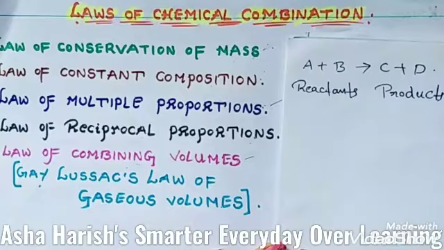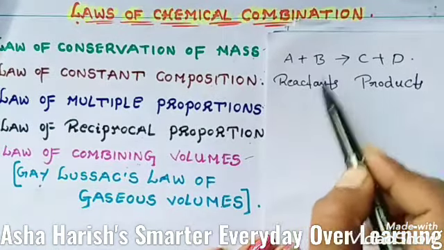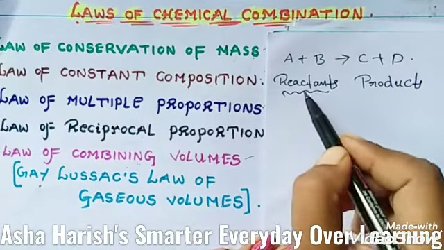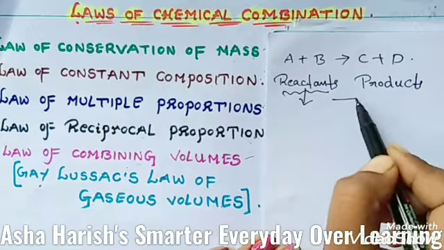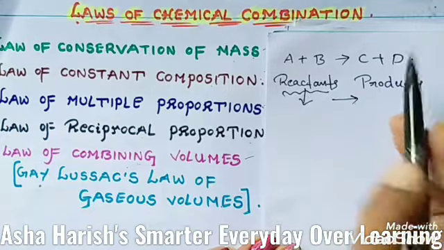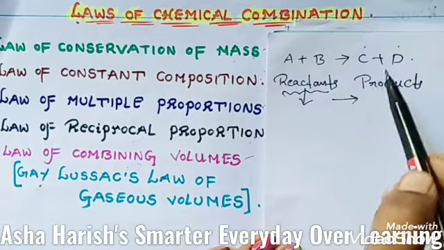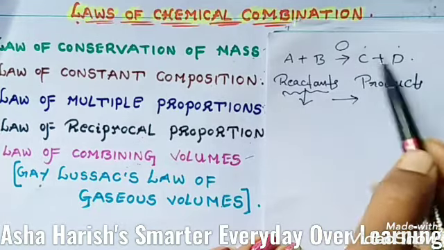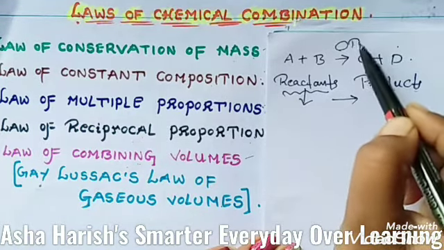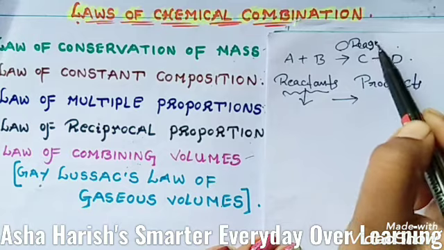So here is the example: A and B are the reactants. Reactants undergo a change and form products. Here C and D are the products. There may be the formation of some intermediates, and the addition of some reagents also takes place.